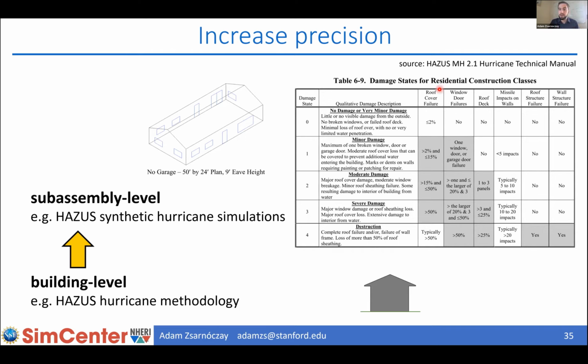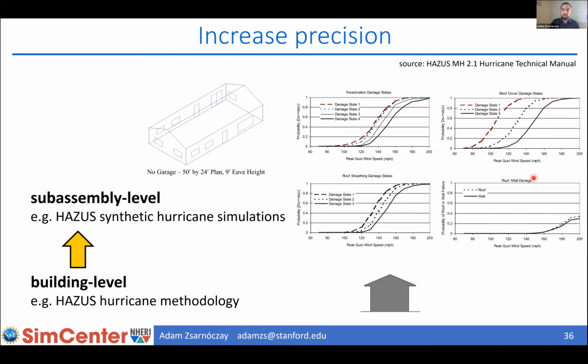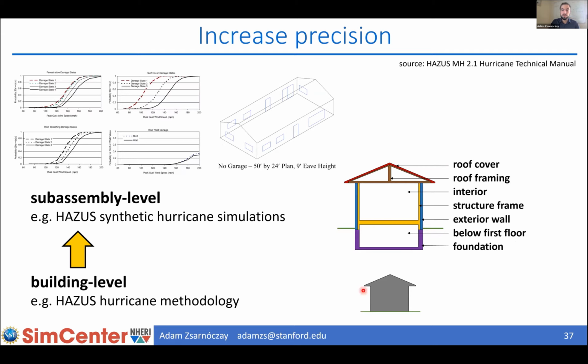You can see that they are linking different subassemblies and the damage in those subassemblies to arrive at building level damage states. So if we had such data available for a large number of buildings, then we could provide such fragility curves for different subassemblies and then describe the damage rather than at a building level.